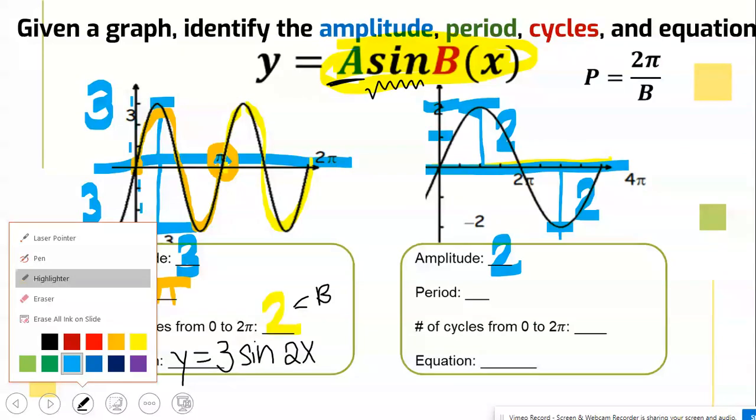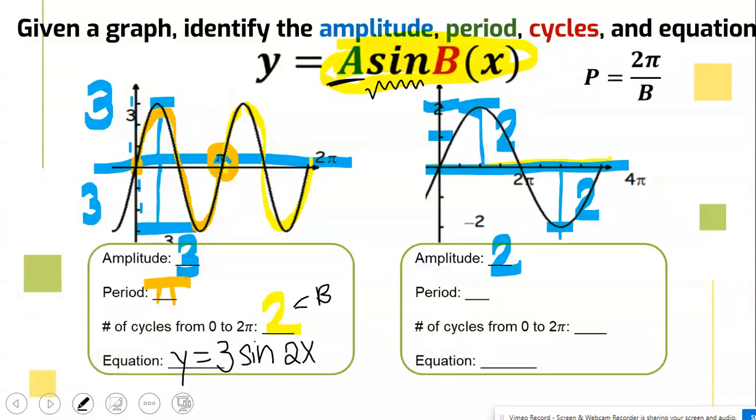Period. How long does it take to complete one cycle of sine? Look at the x-axis. This one's a little off, but since 2 pi is right here in the middle, that 4 pi should have been a little closer. So the period length, how long it takes to finish one cycle of sine, is 4 pi.